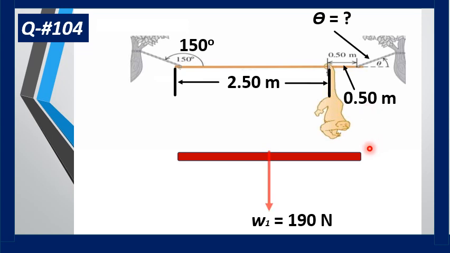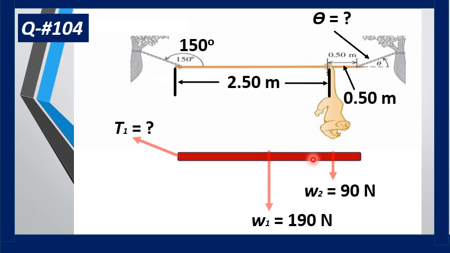Since the rod is of uniform density, its weight of 190 newtons passes through its center of mass, while the weight of the Howler monkey, which is equal to 90 newtons, has a line of action 0.50 meters from the right end of the rod.